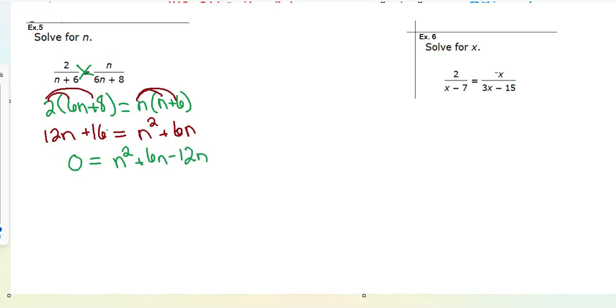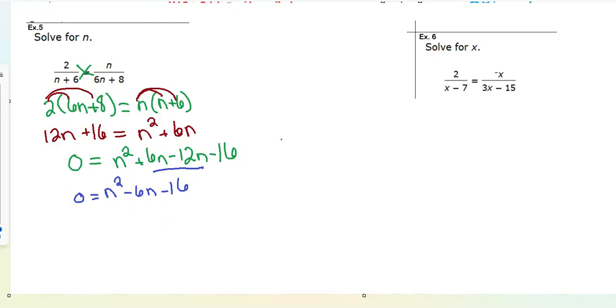And I'm going to move this positive 16 to this side, where it becomes negative also. And that all equals 0. Now I can combine these two like terms. So we have 0 equals n squared minus 6n minus 16.